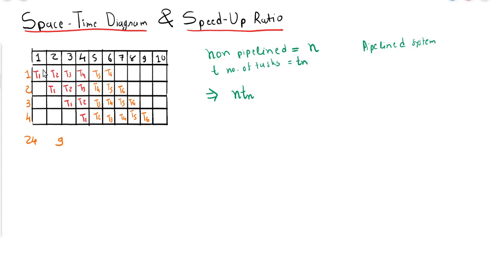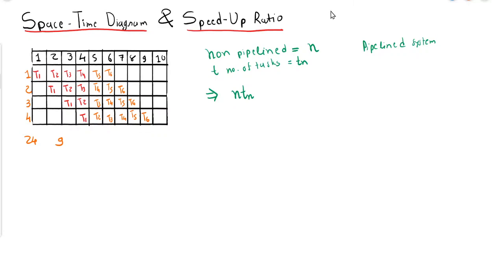As you can see here, if we have 4 segments, then up to step number 3 the pipeline will be partially empty, while at timing signal number 4 the pipeline is completely filled. From then onwards, for each second we will get one output.